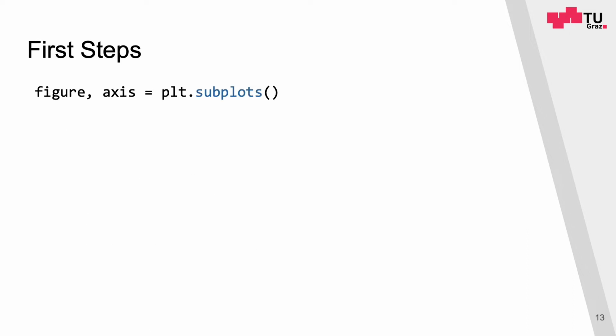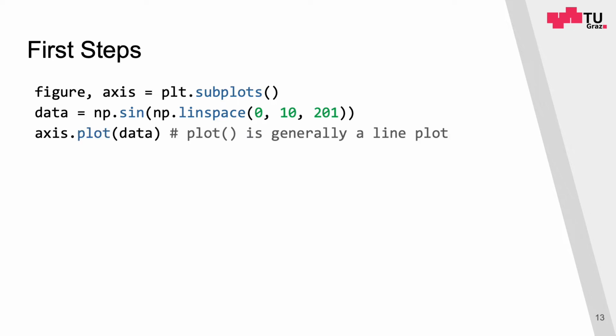So the first steps, again, we need to create our figure and axis object using the subplots function. And then we can generate some data, for example, using the NumPy package. And then we can call the plot function on our axis object, which contains the plot, and provide the data.